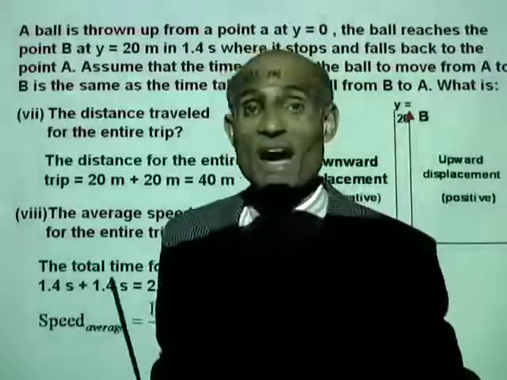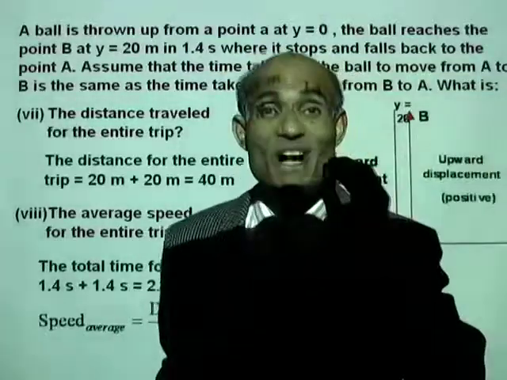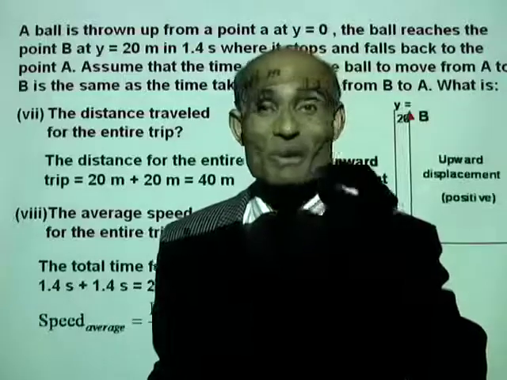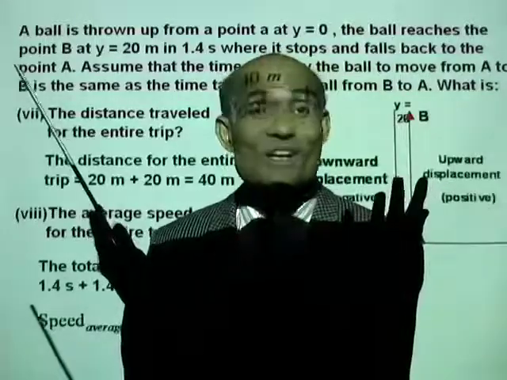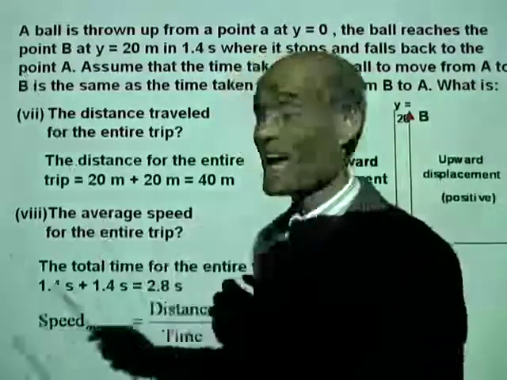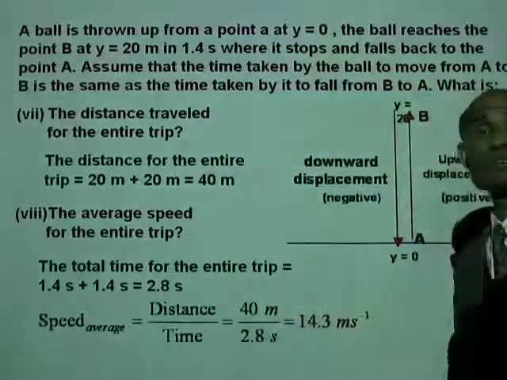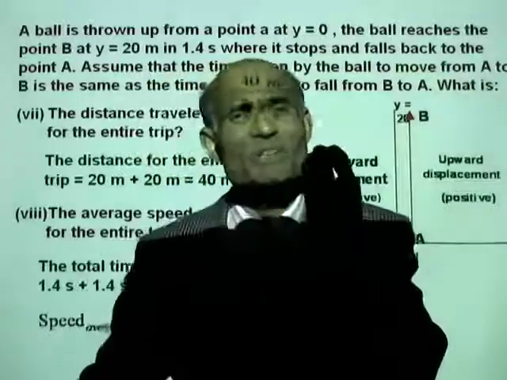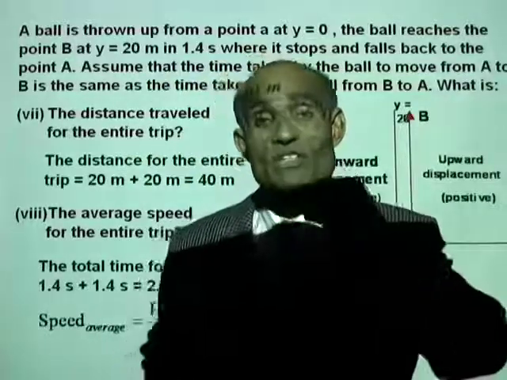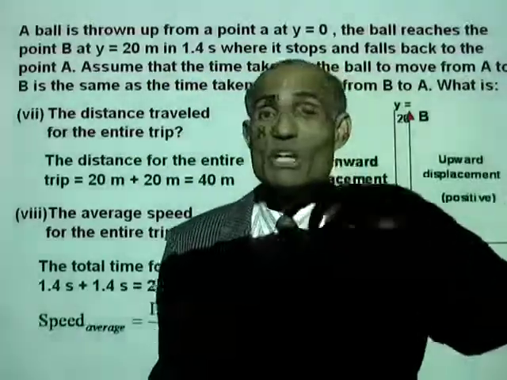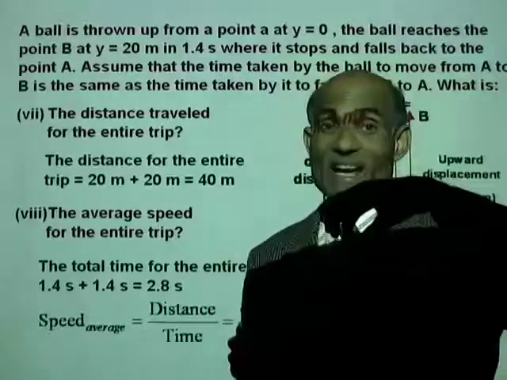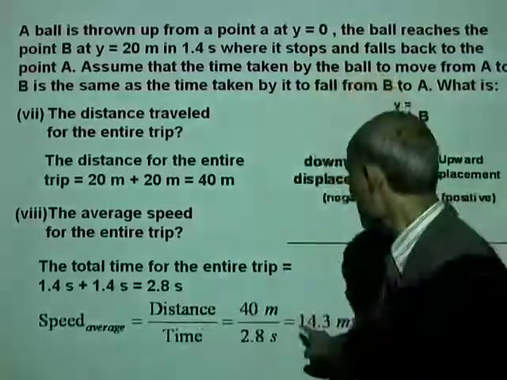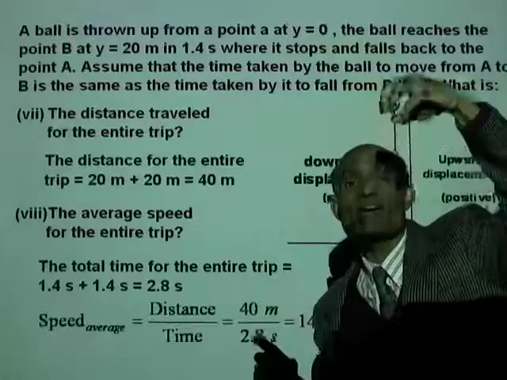Watch here, the average velocity for the entire trip is 0, whereas the average speed is not 0. The average speed is 14.3 meter per second. How do you interpret it? For the entire journey, the object covered a distance of 14.3 meter every second.